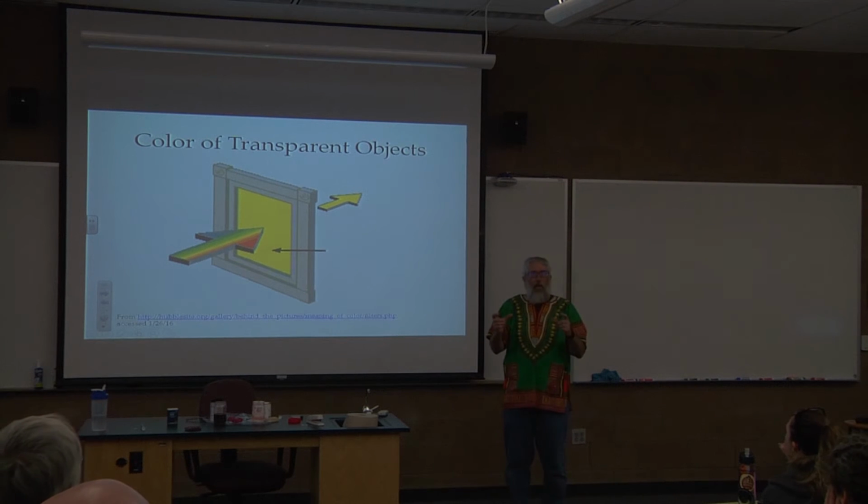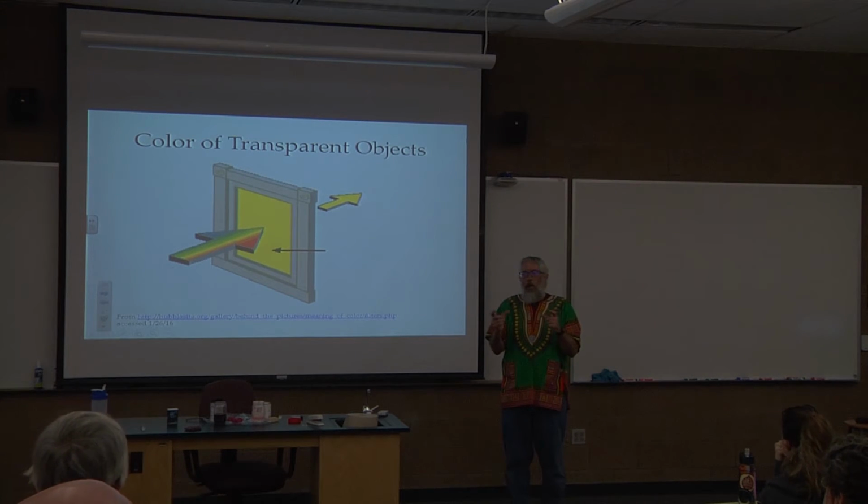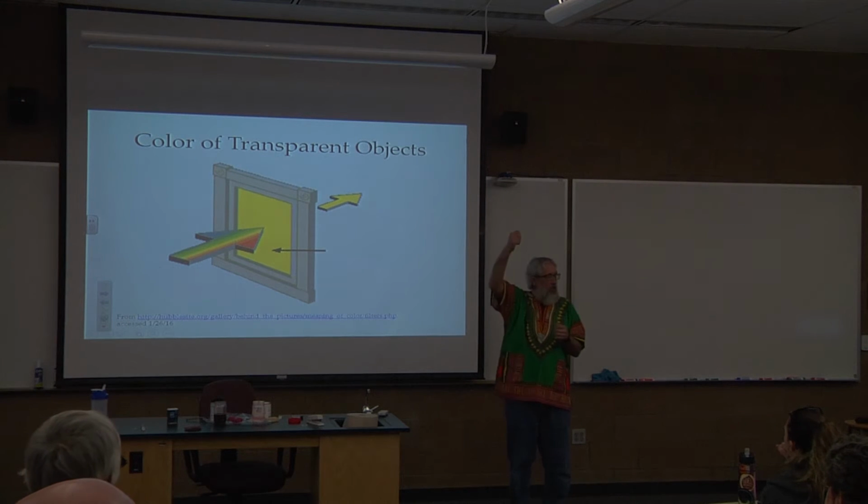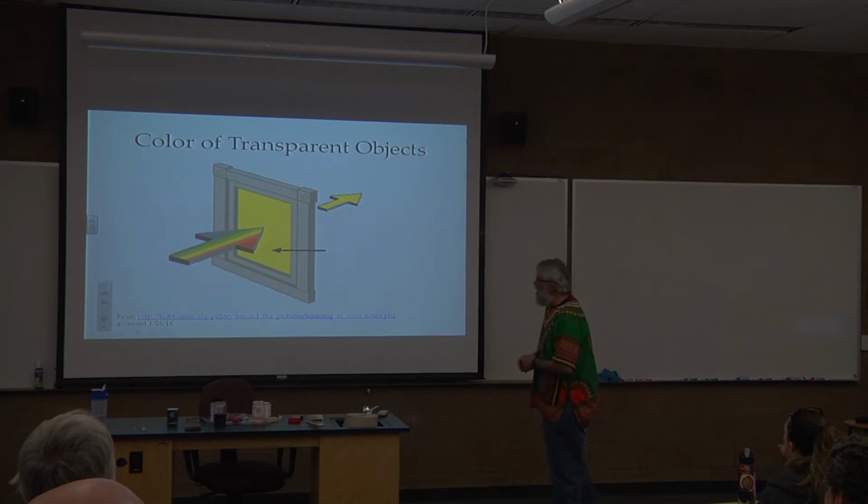Think about lighting for a theater production or a musical group or something of that sort. You put these gel sheets in front of the light, and that's what causes you to see blue on the stage, or green or red, or whatever it happens to be.